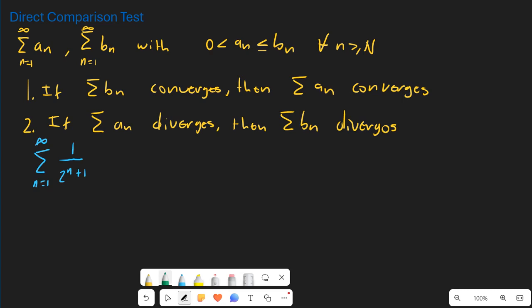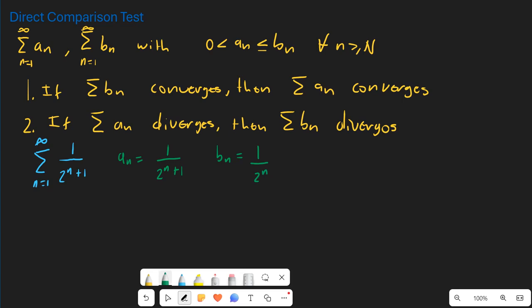Now, let's go ahead and say that an is equal to 1 over 2 to the n plus 1. But then from here, let's say that we take bn, and we're going to say that this is 1 over 2 to the n.